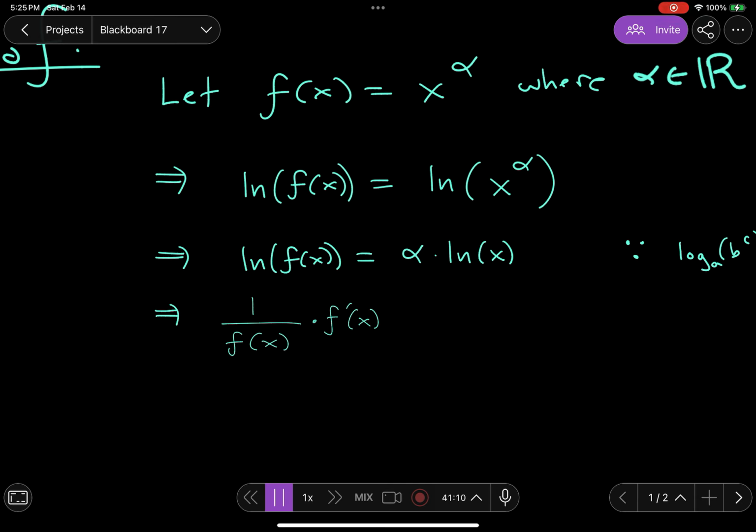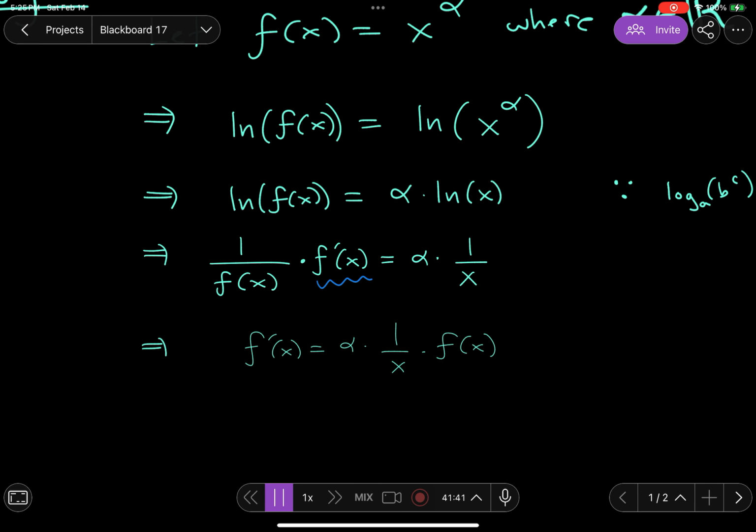Now, on the other side, I simply have a number times the derivative of the natural log of x, but we just showed that that's going to be 1 over x. This object right here is what we are looking for. So this implies that f prime of x is equal to alpha times 1 over x times f of x.